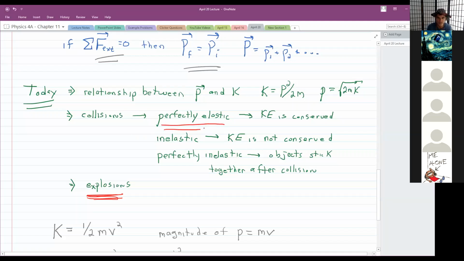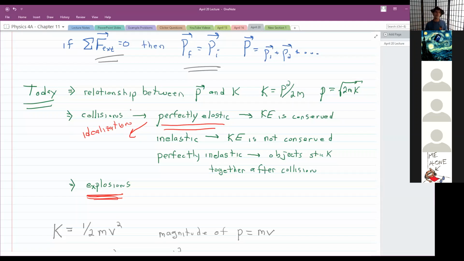A collision where kinetic energy is conserved is called a perfectly elastic collision. Now, in reality, this is an idealization. If two objects physically do touch, then some heat is going to be generated. Kinetic energy will not be conserved.